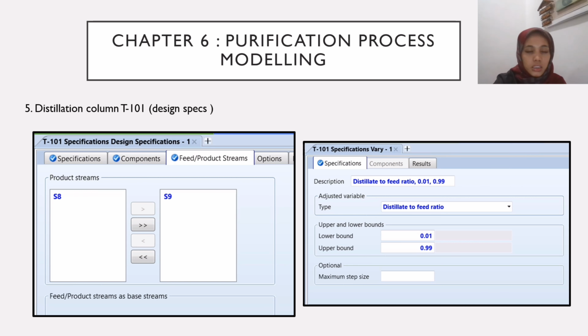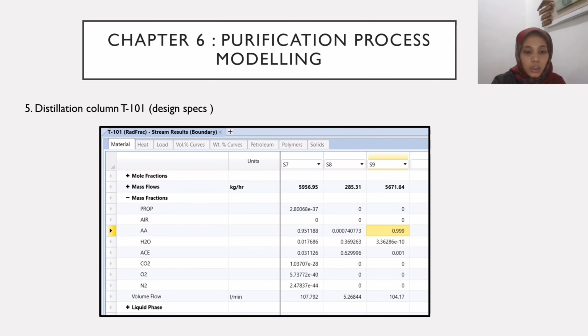For the T101 specification vary, I used the value of distillate to feed ratio, with lower bound 0.01 and upper bound 0.99. Okay, so the result that I get by running the simulation, we are able to obtain 99.98% of acrylic acid in our product stream S9.